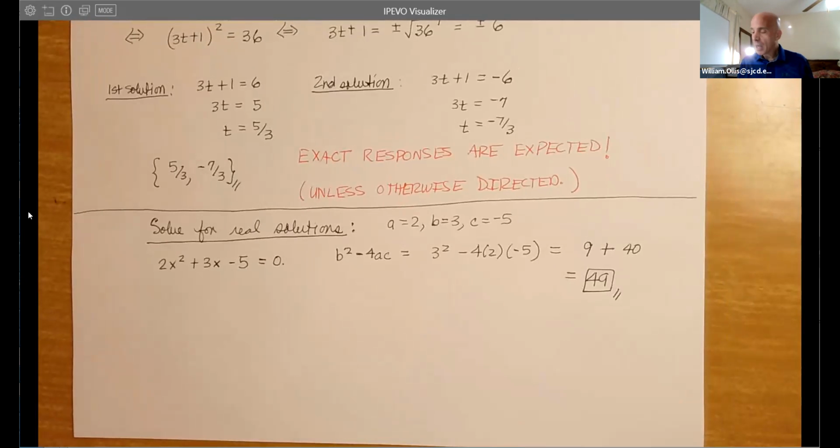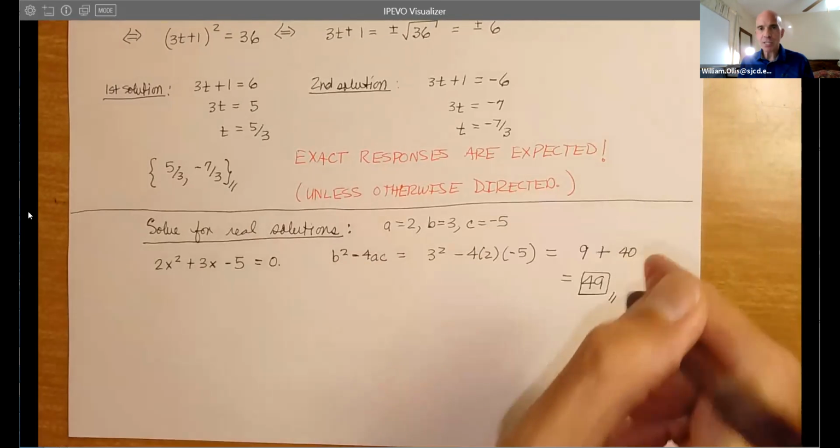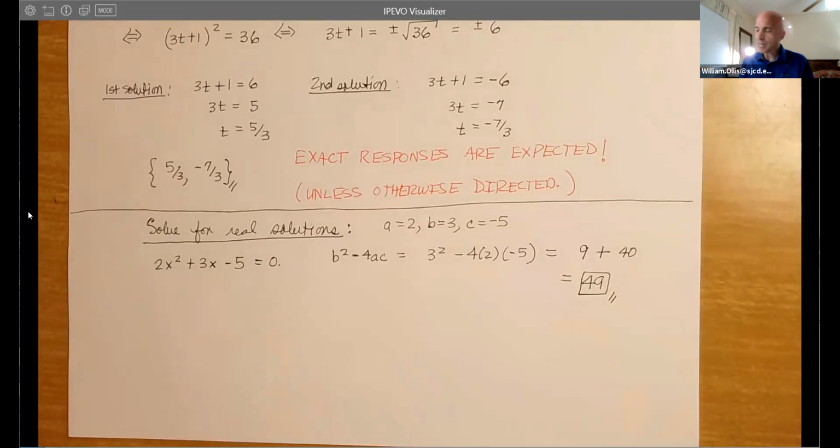Now, I've looked at the discriminant here, and I have a question for you, and I want someone to answer this for me. Do I need the quadratic formula to solve this quadratic equation based on what I've done here? Anybody can answer. Go ahead and chime in.